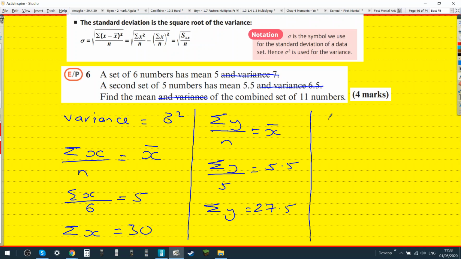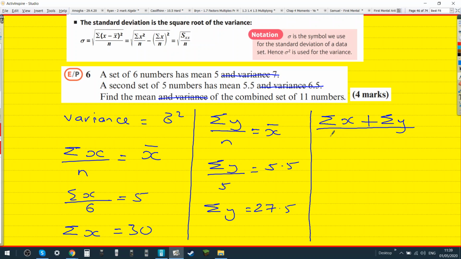Okay. We now want the overall mean. Do I now add them up together and divide them by 2? You don't divide them by 2. That would be if there were two values. How many numbers are there altogether?